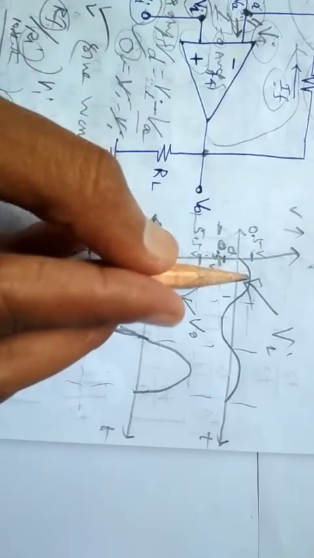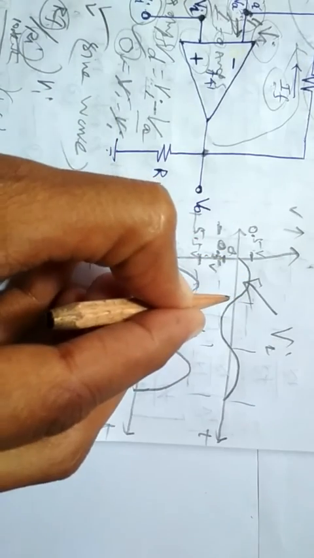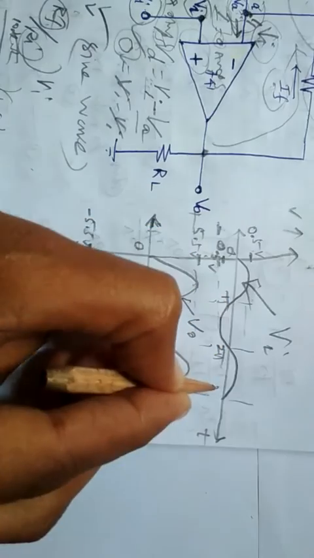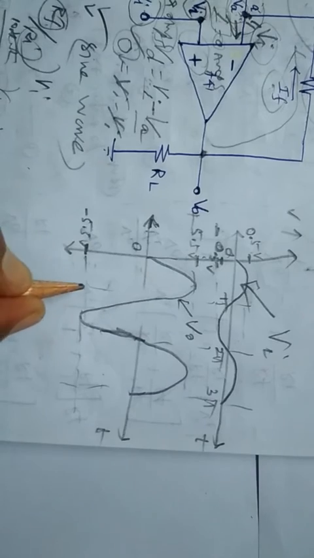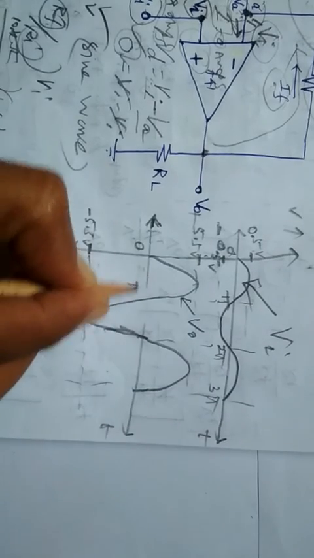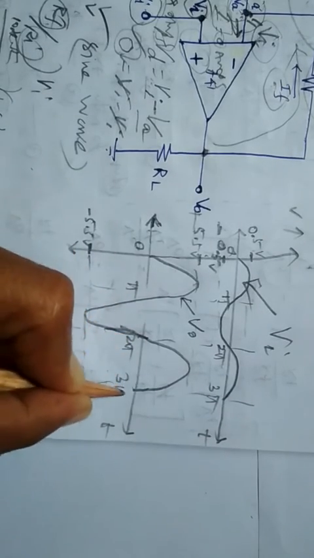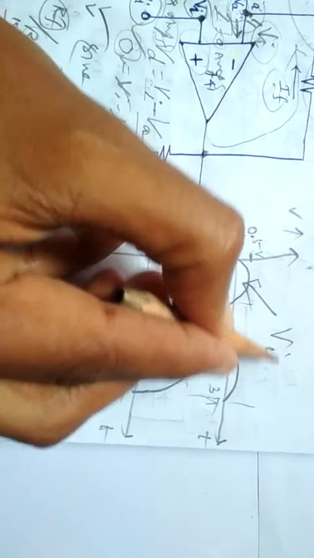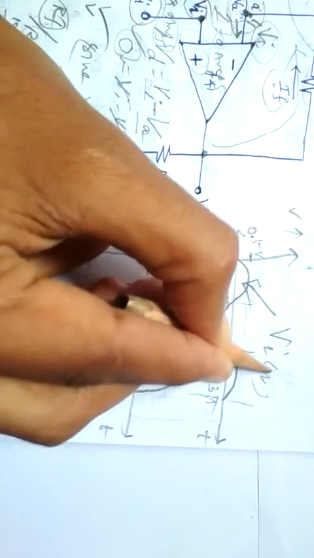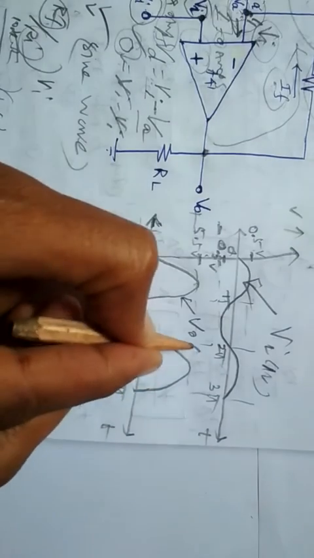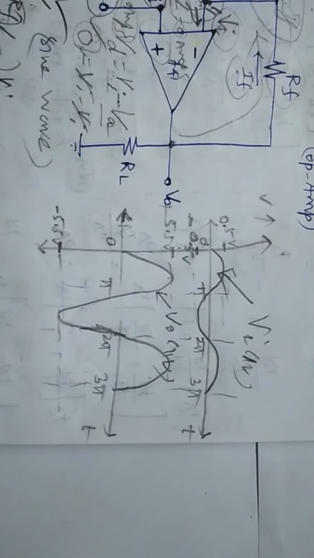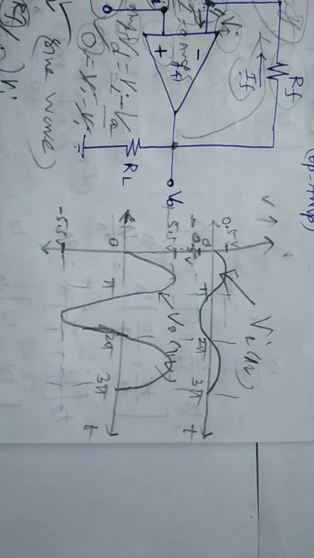Now there is no phase shift between input and output, and the time period is the same, pi, 2 pi and 3 pi, here also. With the same time period you have the amplified version: for a Vi of 1 volt, you have a V out of 11 volts.